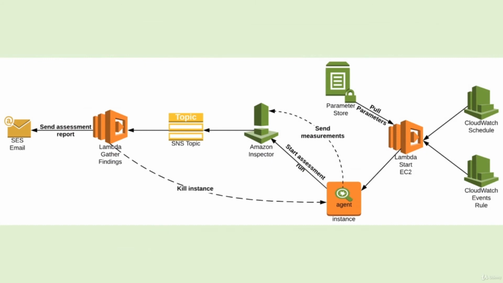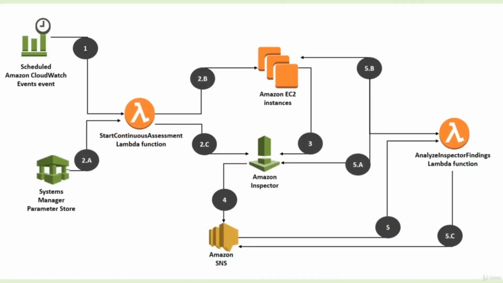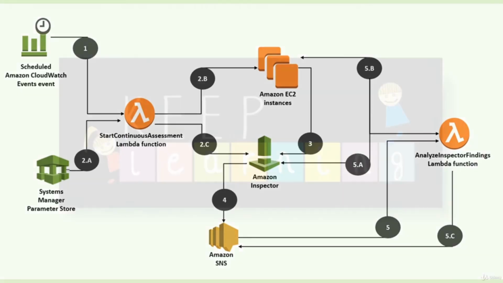The assessment would kill the instances that are malicious after an inspection is done. Simply, it could be integrated with other services as well, with Parameter Store, SNS, CloudWatch, EC2, Lambda, GuardDuty, and more.